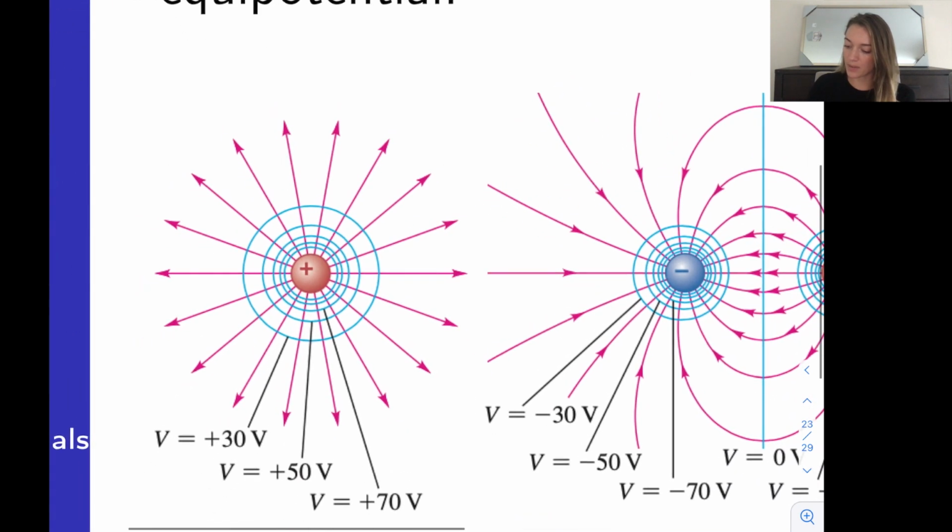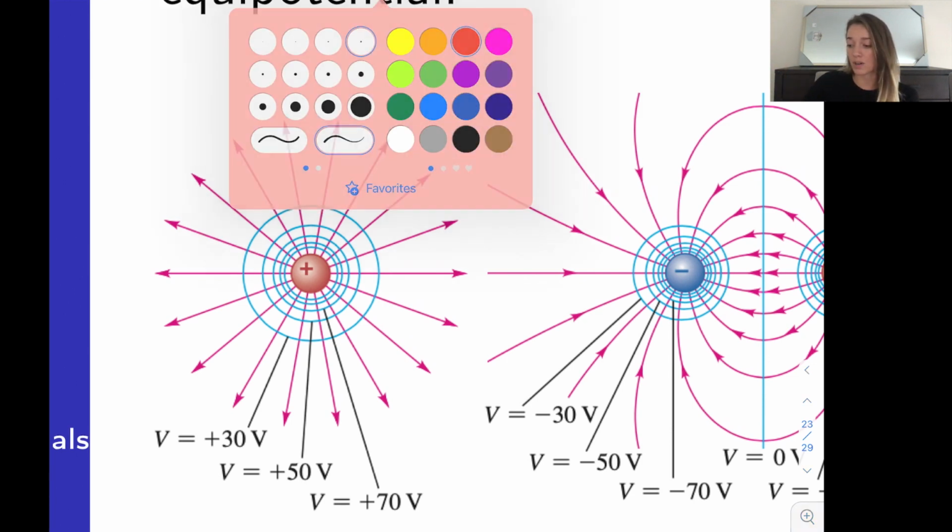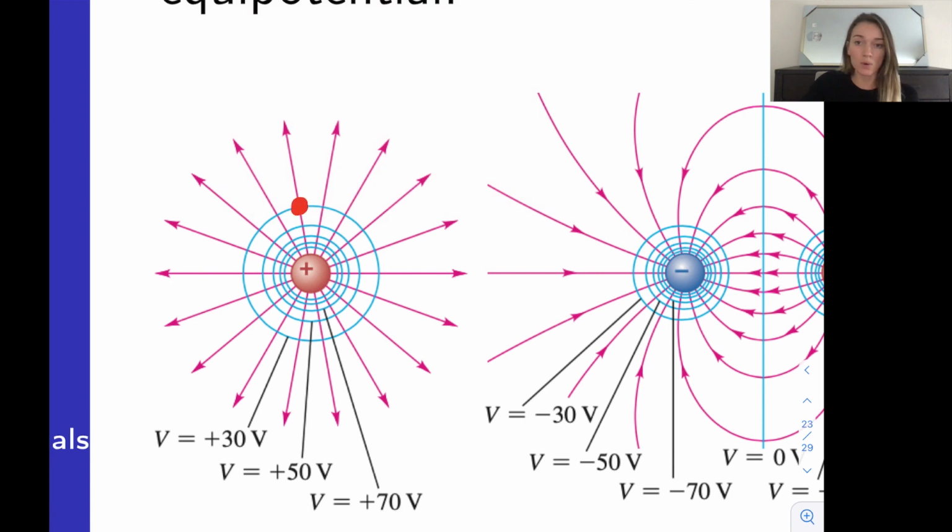So for the case of a positive point charge, the lines of equipotential are just concentric rings at each radius. If you put a positive or even a negative charge over here and just moved it around a circle of radius r centered around this positive charge, you would do no work, and the electric field would do no work, because you're not changing the potential energy of the particle.